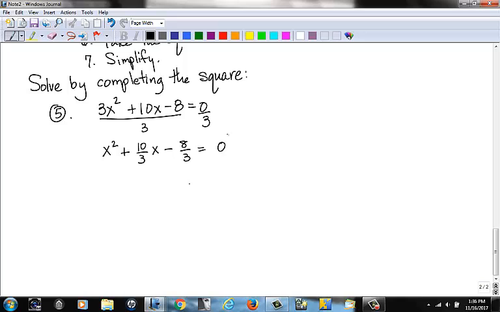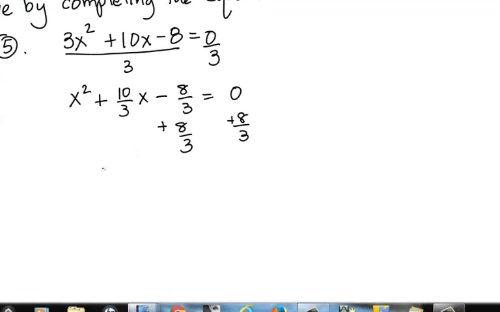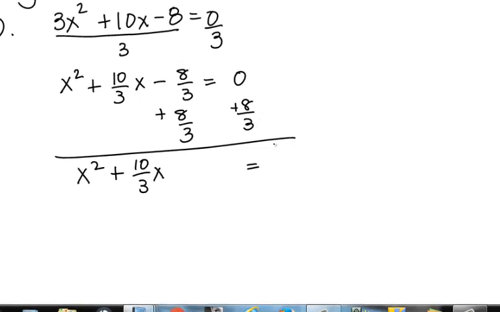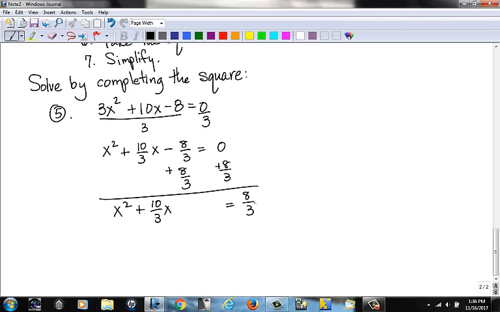So it's minus 8/3, so do the inverse, add 8/3. And if you're at that stage where you can just do it by sight, then do it by sight. If you need to write it down, write it down. So you'd have x squared plus 10 over 3 x equals 8/3.